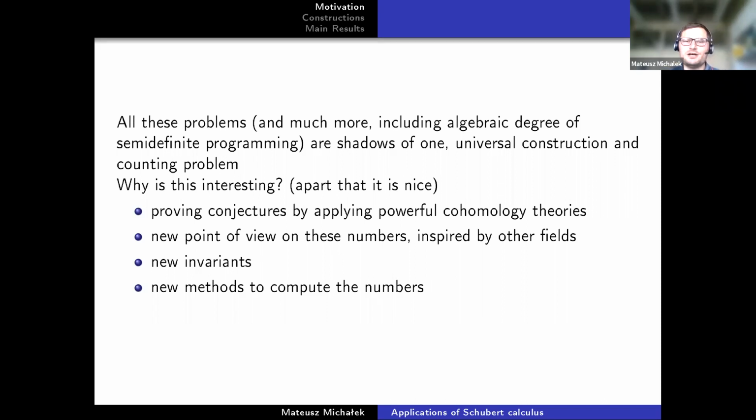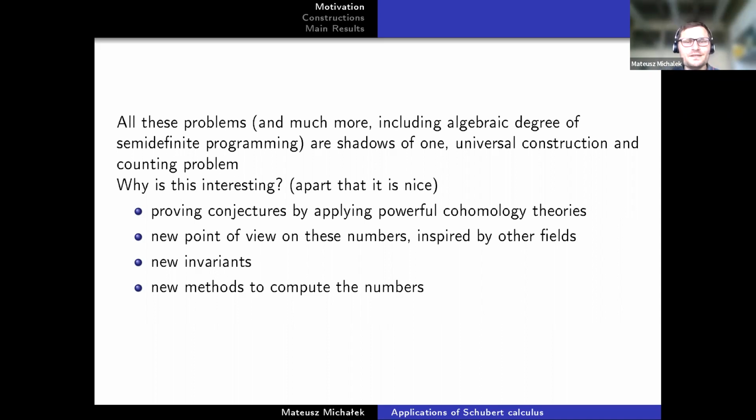If there is a question what it is and how it's related, I will be happy to explain it. Semi-definite programming here comes from optimization, which is yet another branch of mathematics, very popular now. Okay, they seem very different, but I claim there is one universal construction and one counting problem, and all of those problems I described so far are simply shadows of that one problem.